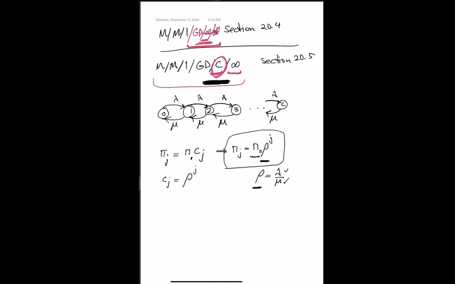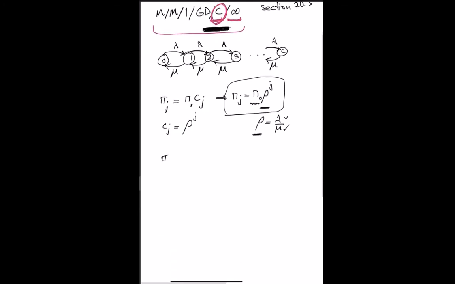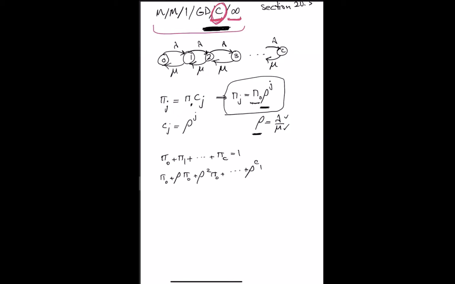To find pi 0, I can write the famous summation that pi 0 plus pi 1 plus pi 2 all the way to pi c equals 1. So this is pi 0 plus rho pi 0 plus rho squared pi 0 all the way to rho to the power of c pi 0 equals 1.